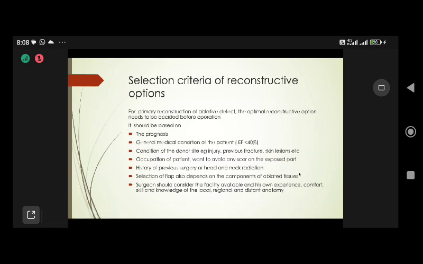Then the selection of flap also depends on the component of ablated tissue. If bone is excised, then we replace the bone. If soft tissue is removed, then we replace it with soft tissue. Then a surgeon should consider the facilities available and his own experience, comfort, skill, and knowledge of local, regional, and distant anatomy.